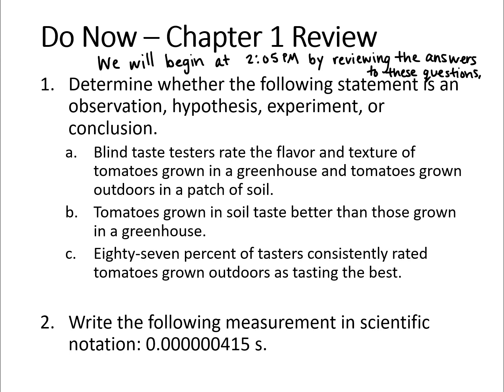Let's get started. Little easy warm up. First question, you have to determine whether each of the following statements is an observation, hypothesis, experiment, or conclusion. So you can put O, H, E, or C in the chat. Letter A. Blind taste testers rate the flavor and texture of tomatoes grown in a greenhouse and tomatoes grown outdoors in a patch of soil.